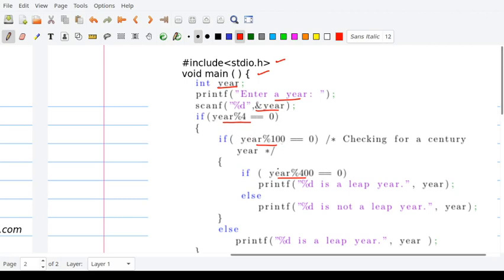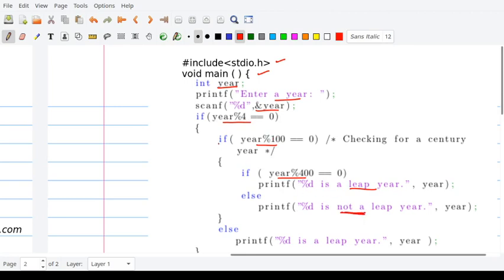If it is divisible by 100, you will have to check whether it is divisible by 400, and if it is divisible by 400, it is a leap year. If it is not divisible by 400, it is not a leap year. That means it is just divisible by 4 and 100, so it is not a leap year.